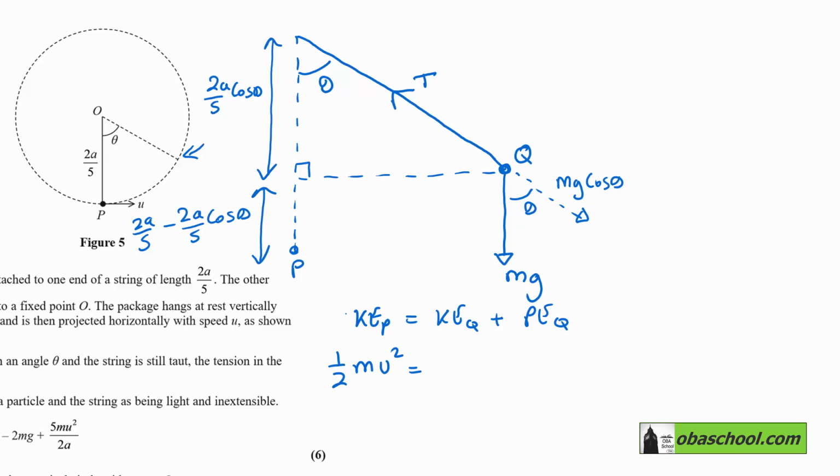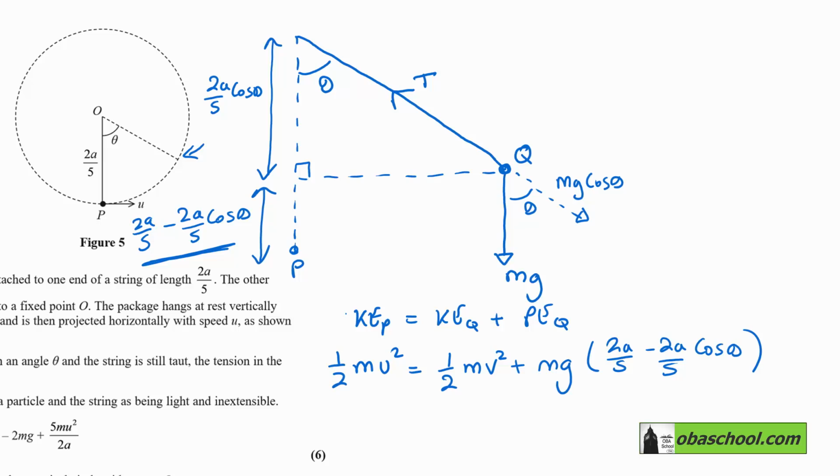Let's say that it has a speed of v at Q. This will be a half mv squared. Then the potential energy is mg into the distance that it's risen. So 2a over 5, take away 2a over 5 cos theta.